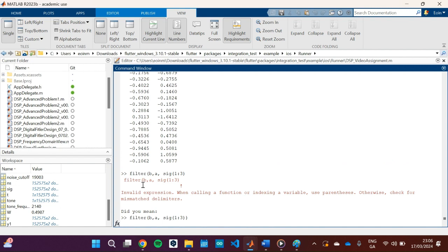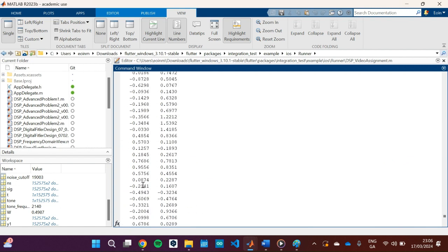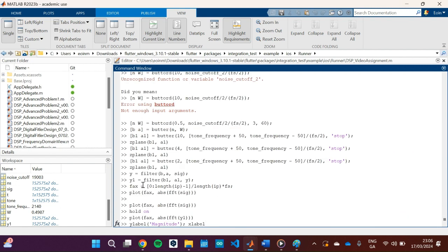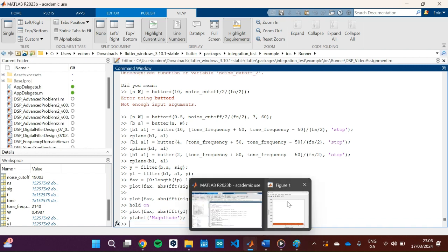Just looking back. Have I skipped that? No. Frequency in hertz. Alright, and here's the plot.